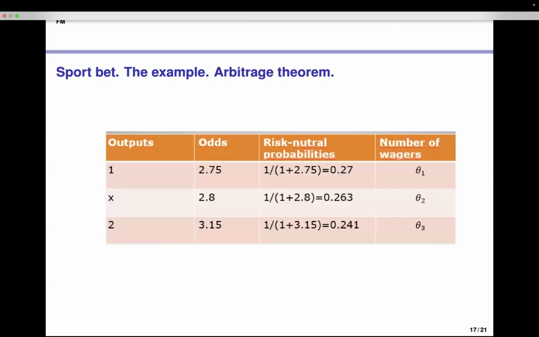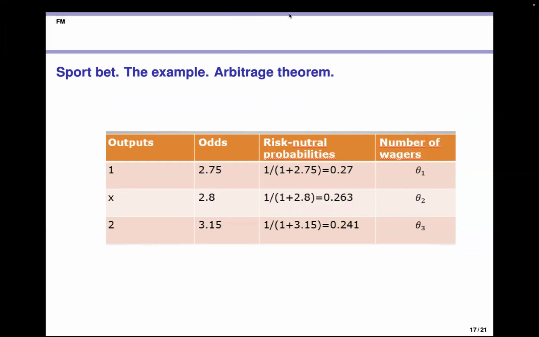Okay, so we would like to apply the arbitrage theorem. For the first outcome, the coefficient is called odds, 2.75. And we would like to compute risk neutral probabilities.